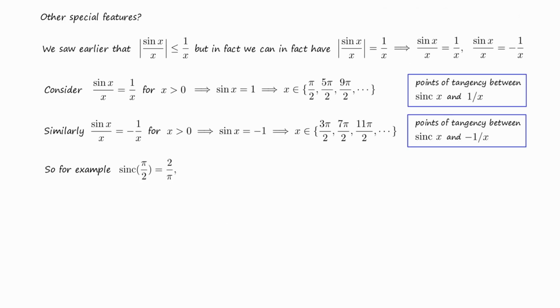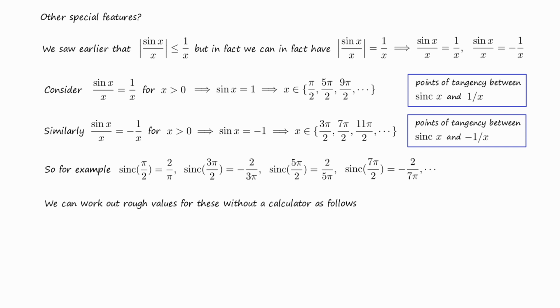And so from that we have that sinc pi by 2 equals 2 over pi, sinc 3 pi by 2 equals negative 2 over 3 pi, sinc 5 pi by 2 equals 2 over 5 pi, and sinc 7 pi by 2 equals negative 2 over 7 pi, and so on. And in the spirit of the question, I shall work out rough values for these without a calculator. First we note that pi is approximately 22 over 7, so that 1 over pi is approximately 7 over 22.